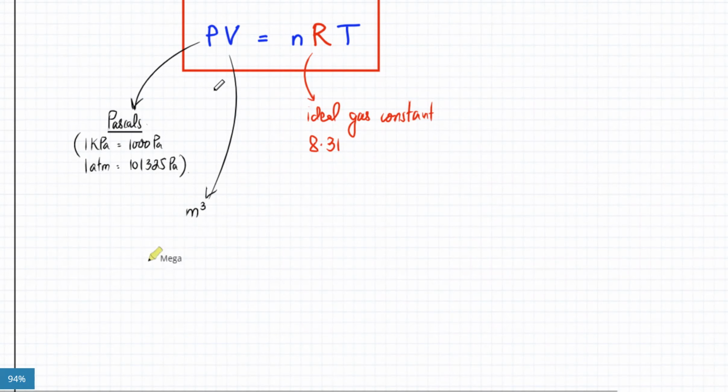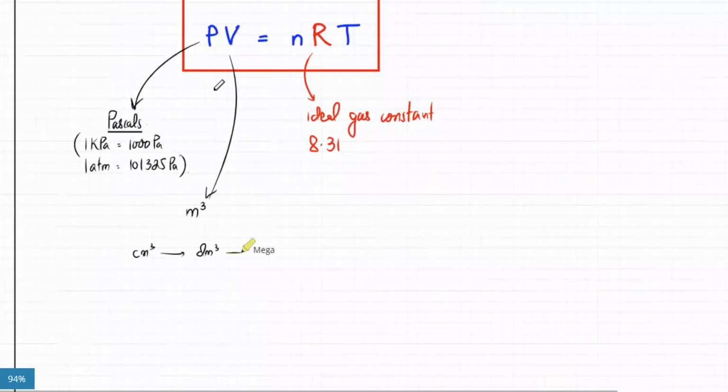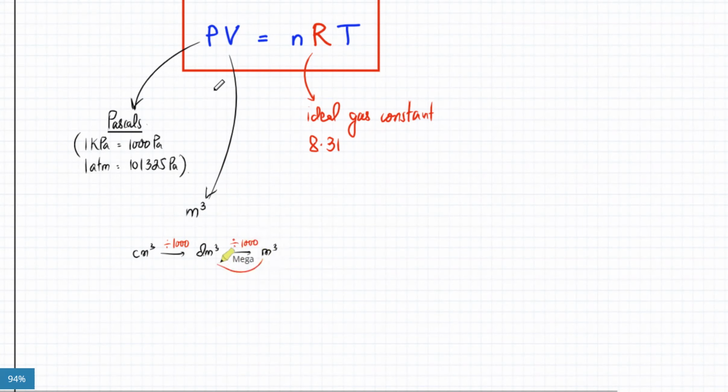So the conversion is cm cube to dm cube and dm cube to meter cube: you divide by 1000, and this one as well, you divide by 1000. And if you want to go back, sometimes they're looking for answers in cm cube, so even if you find it in meter cube, you would have to convert back. So you'll multiply it by 1000.